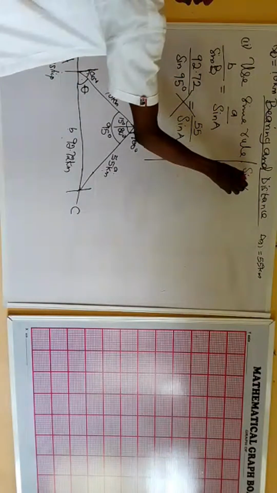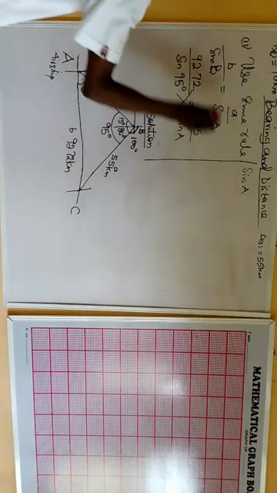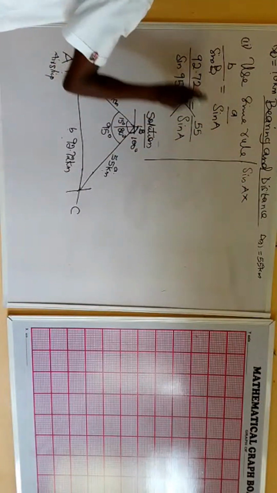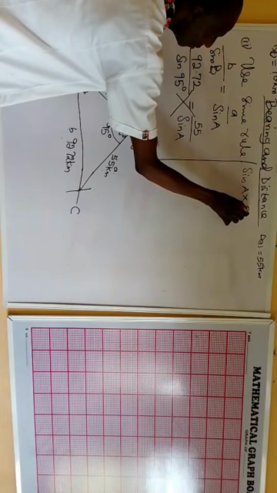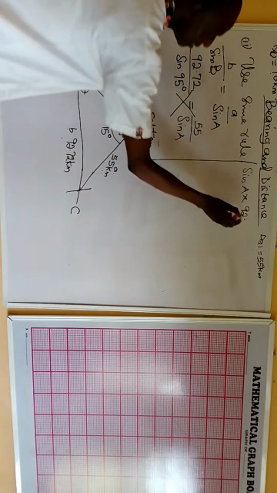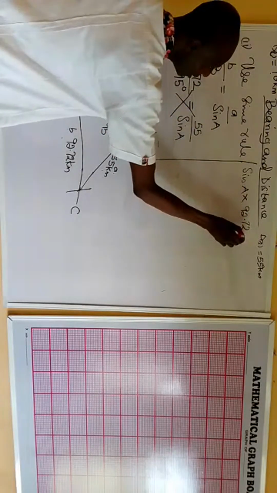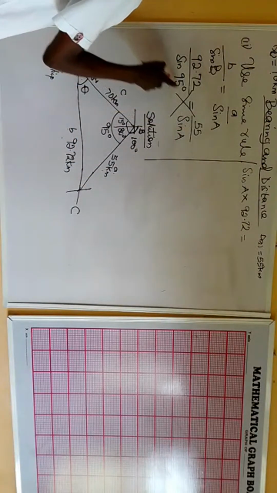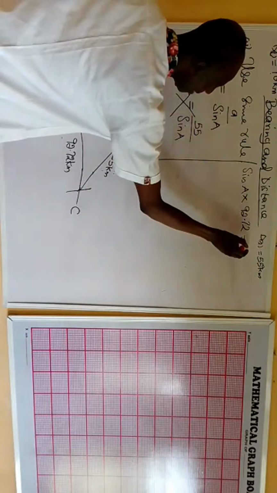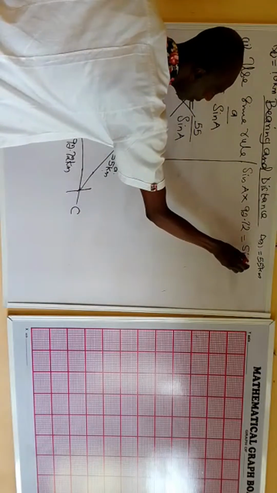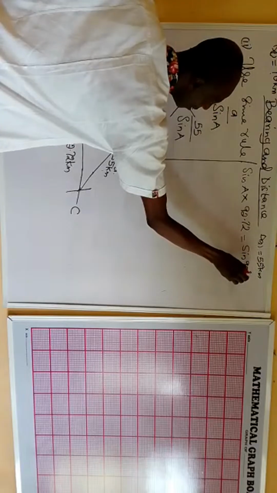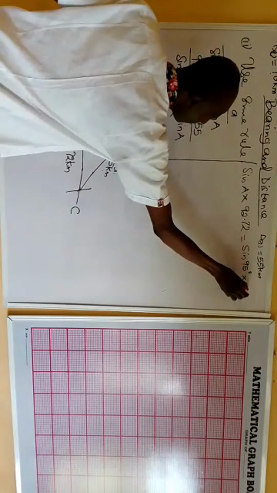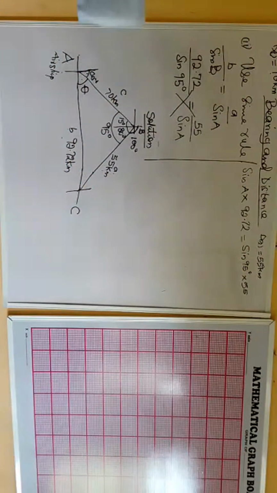Sine A is multiplying 92.72, which is equal to sine 95 degrees times 55.